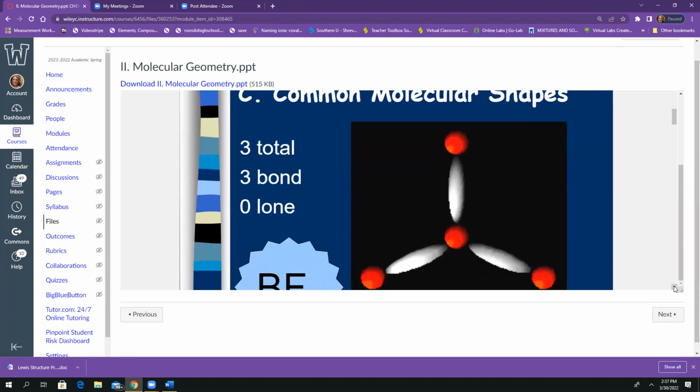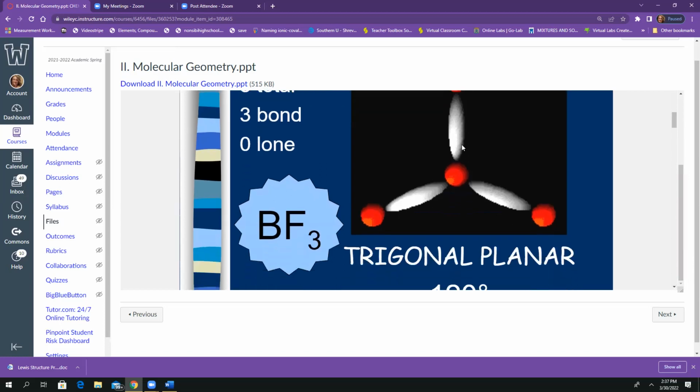There's another one. It's known as trigonal planar. And for this one, you need 3 bonds around the central atom, a total of 3 electron density areas. Like you see the white area right here is the electron density around the central atom.